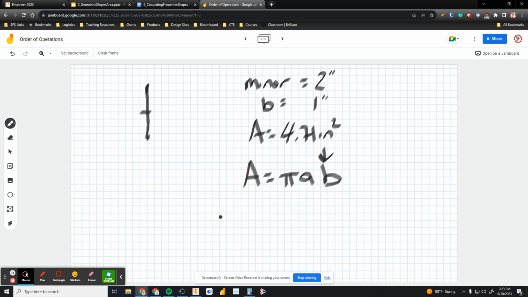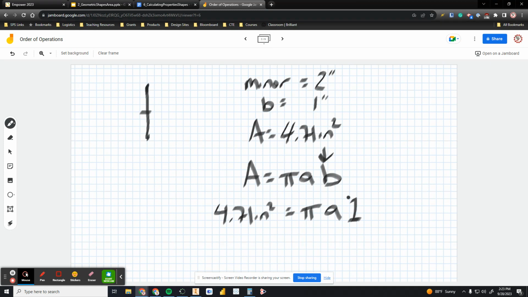So I'm going to plug in what I know. 4.71 inches squared is the area, is equal to pi times A, which we still don't know, and then B, which is going to be 1. Okay. Well, now we need to do our order of operations, but in reverse so that we can get A all by itself.